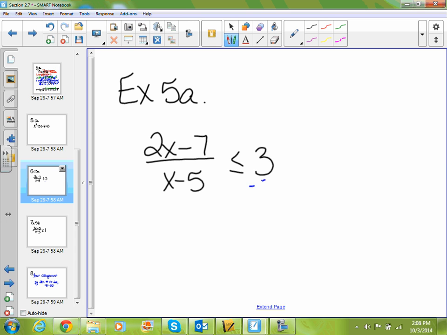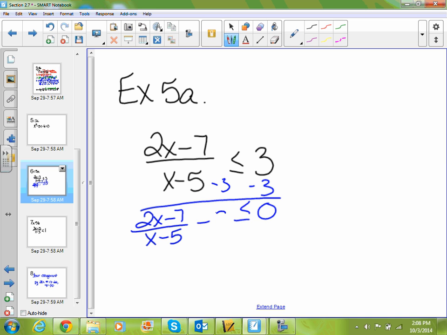We need to move the 3 to the other side because we have to compare it to 0. This side always has to be equal to 0. So 3 minus 3 is 0. So we get (2x minus 7) over (x minus 5) minus 3 is less than or equal to 0.